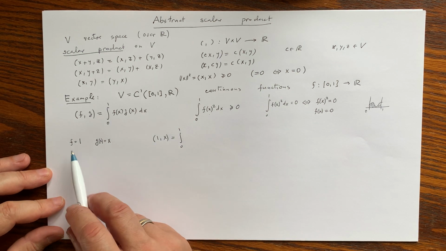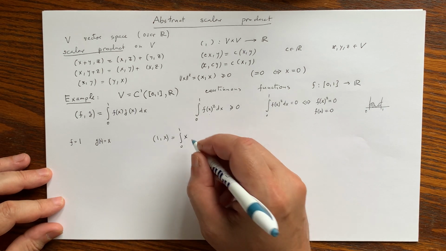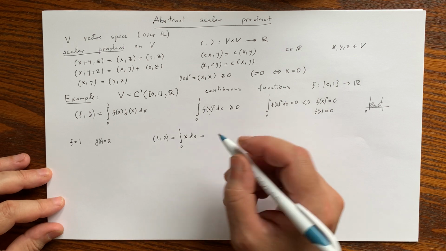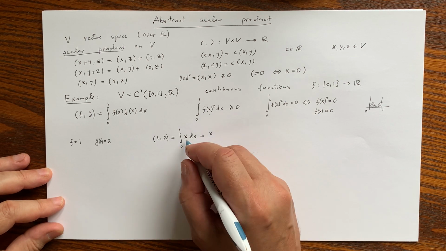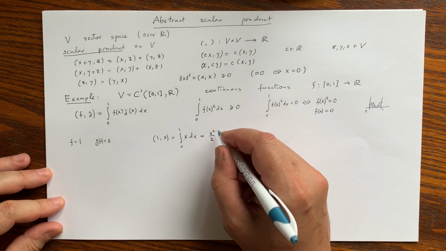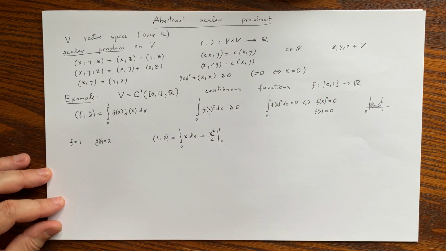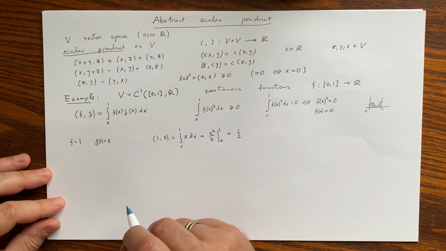It will be the integral of the product of the two functions, namely the integral of x over this unit interval, and it is easy to evaluate. This is just the primitive function for x, which is x squared over 2, evaluated at 1 and at 0, and the difference of values is the result. The difference of values is just 1/2.